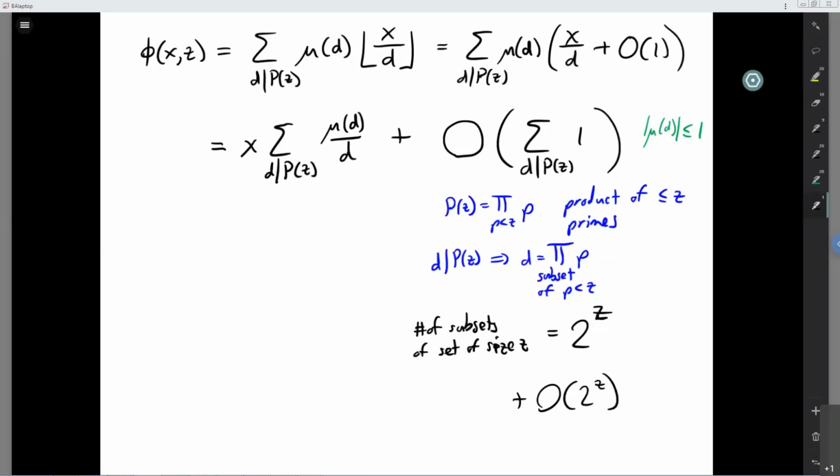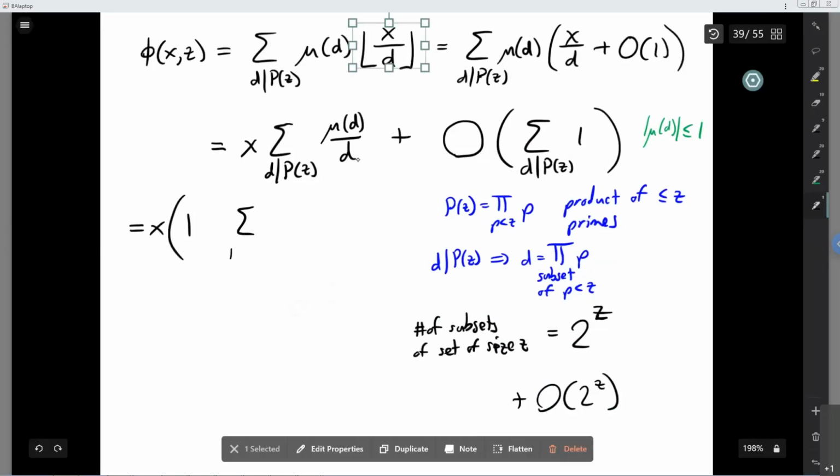So for the main term, we look at this sum, and this is supposed to factor somehow. Well, we've got kind of the same idea going on here. It's a sum over divisors of p of z. So we can write this, still got the x, as a sum over the possible subsets of the primes. Well, we'll start with the smallest one, the empty subset. If d is divisible by none of the primes, then d has to be 1. So the first term is mu of 1 divided by 1. That's just a 1. Next, we look at subsets of size 1.